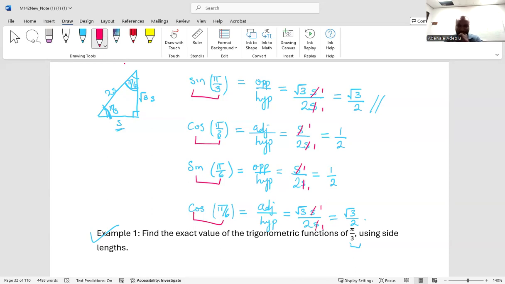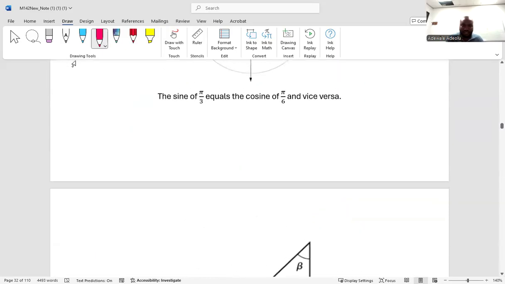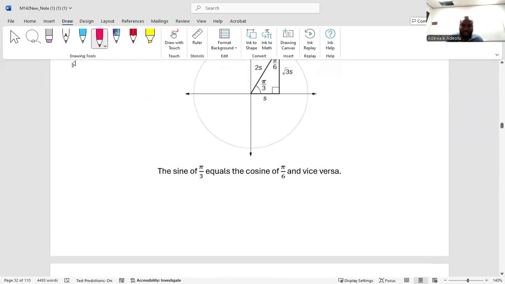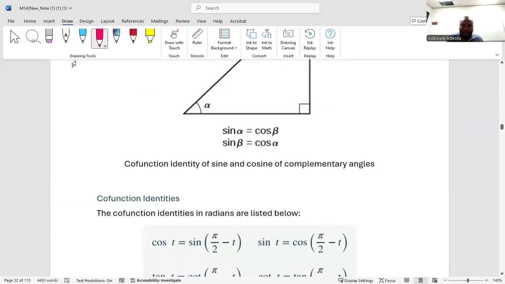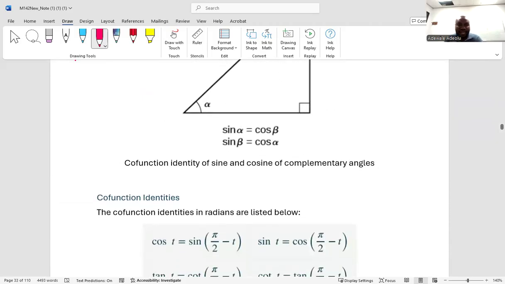That means something is happening here. Now I can say that sine of 30 degrees is the same thing as cosine of 60 degrees. That is what we see from our example.